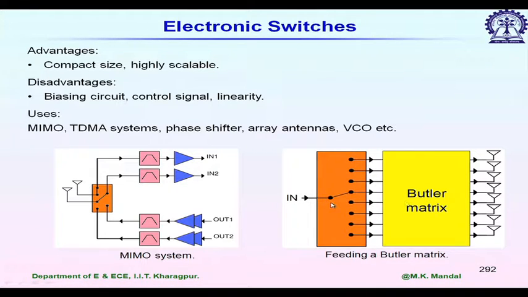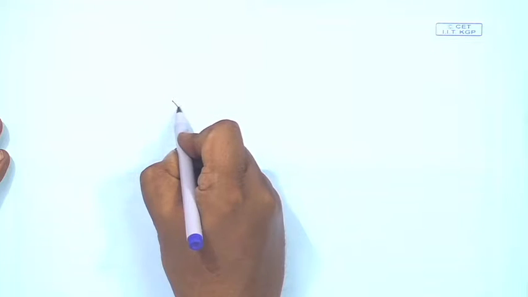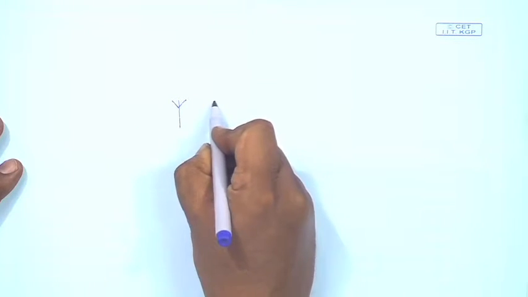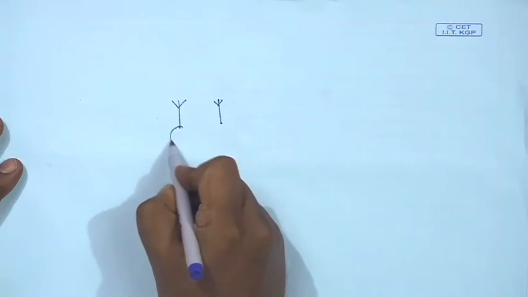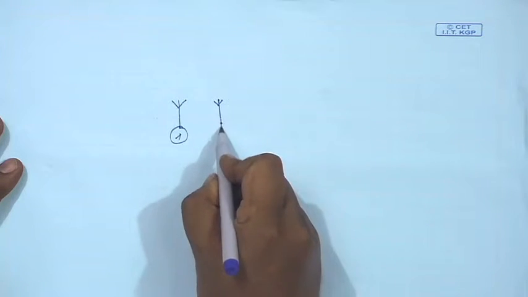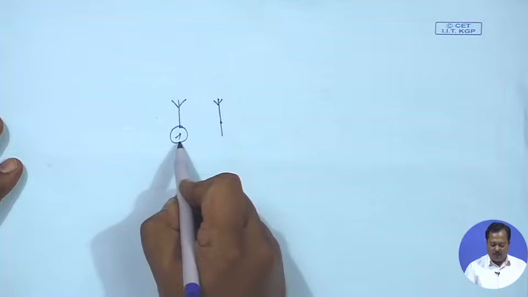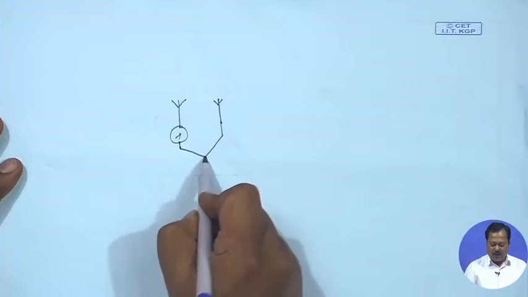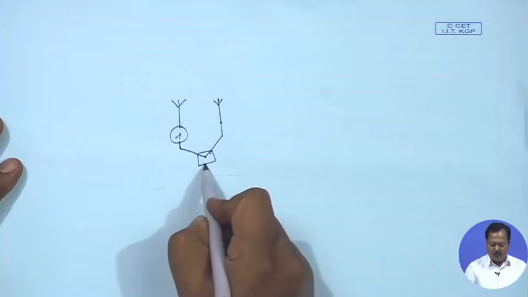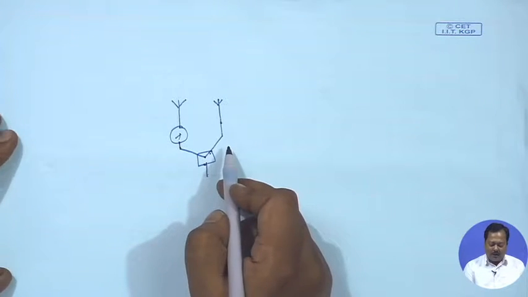Now, how does it operate? Let me just discuss a few basic points on phased arrays. Let us say we have a two antenna system, and the first antenna is connected to a phase shifter, and the second antenna we are using as the reference antenna.